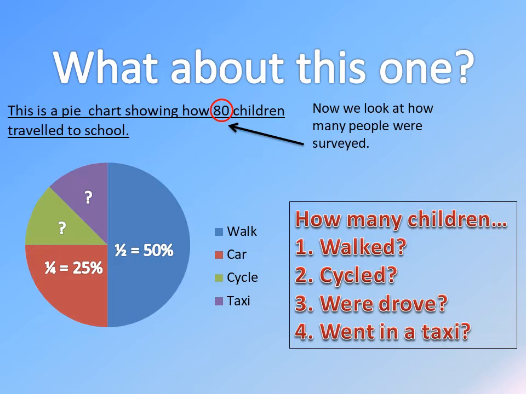So to find how many children cycle or go by taxi, we will multiply 80 by 12.5%, or we can multiply 80 by 1 out of 8. 80 times 1 is 80, divided by 8 will be 10. So 10 children go cycling and 10 children went by taxi.